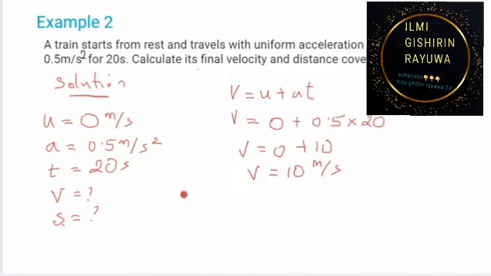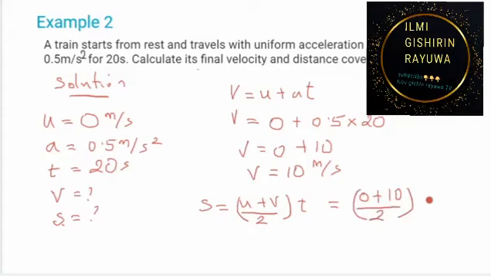Now to find our distance, we can use any of the equations that have distance. Any of them. So let's use the first one. S equals (U plus V) over 2, times time. So U is 0 plus V, which is 10, divided by 2, and then times the time, 20.